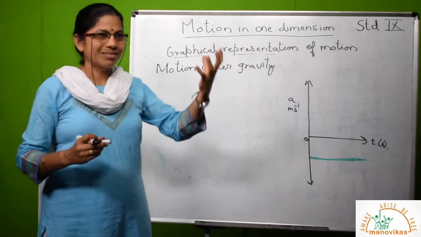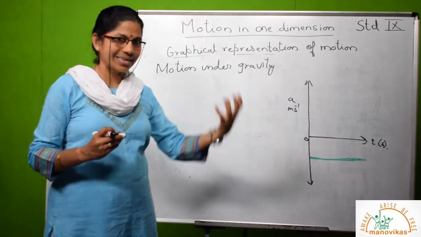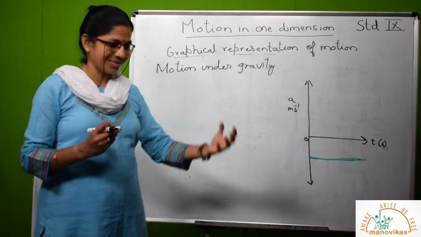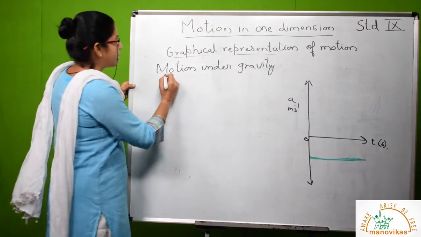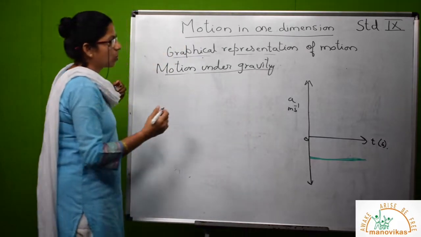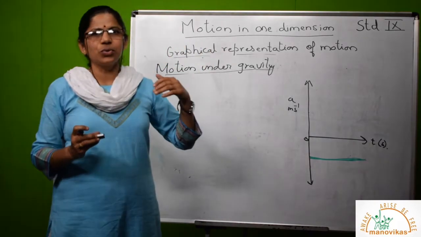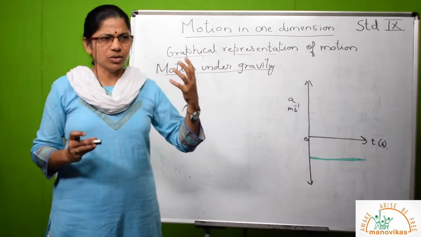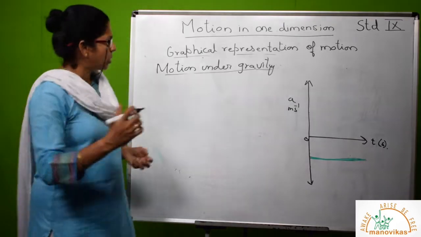Due to the presence of the Earth's gravity, that object will get accelerated towards the surface of the Earth. Now you must be knowing that acceleration due to gravity is constant on the surface of the Earth, and it has a fixed value.